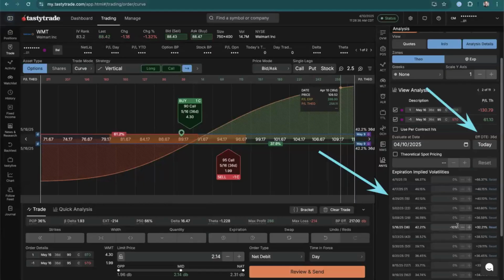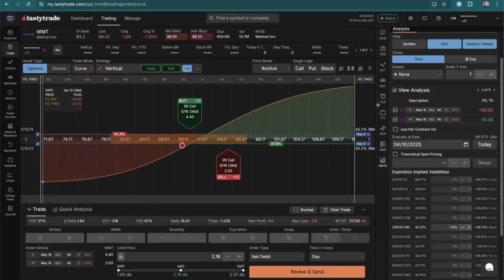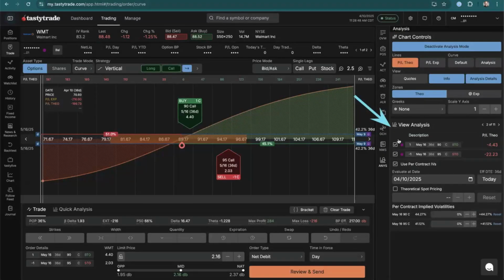And then also, if we wanted to, we can click on use per contract IVs. That's another selection. Let me clear up my drawings here, it's getting a little messy. We can go to use per contract IVs, and instead of adjusting the volatility for the entire expiration that we're looking at, we can adjust the volatility for individual legs.